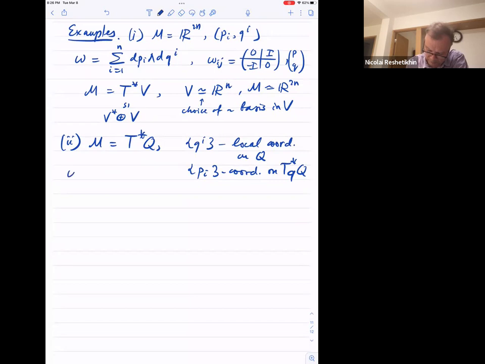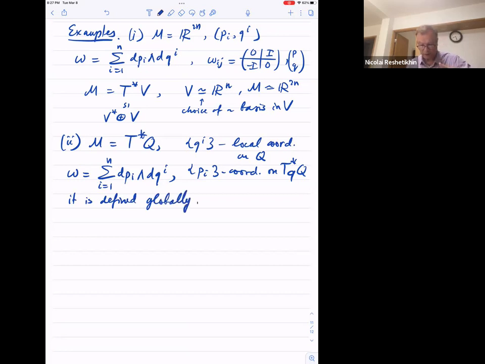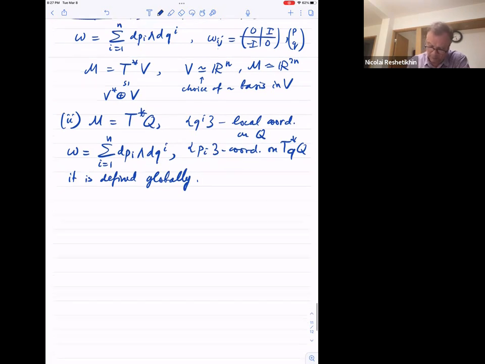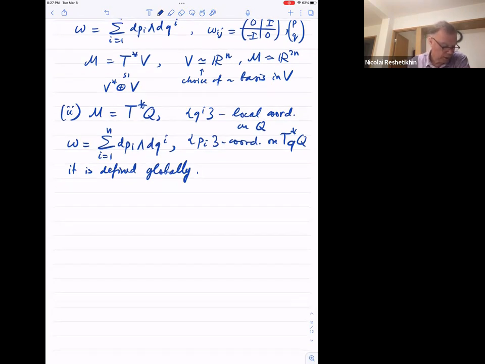In these local coordinates, we define the symplectic form in the same way, dp_i wedge dq_i, and it's actually defined globally, in the sense that if you change the coordinates, it's given by the same formula in any other local coordinates on Q. So these are the two basic examples, and we will see more examples later.